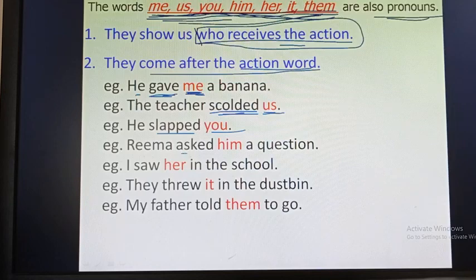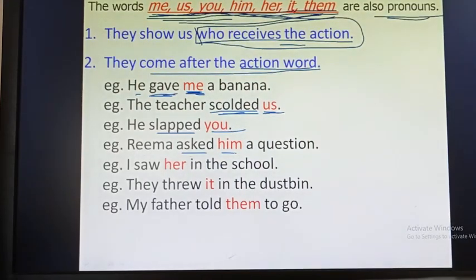Asked is the action word or verb, and him is the pronoun. Next, I saw her in the school. Saw is the verb and her is the pronoun. Next, they threw it in the dustbin. Threw is the action word or verb and it is the pronoun.